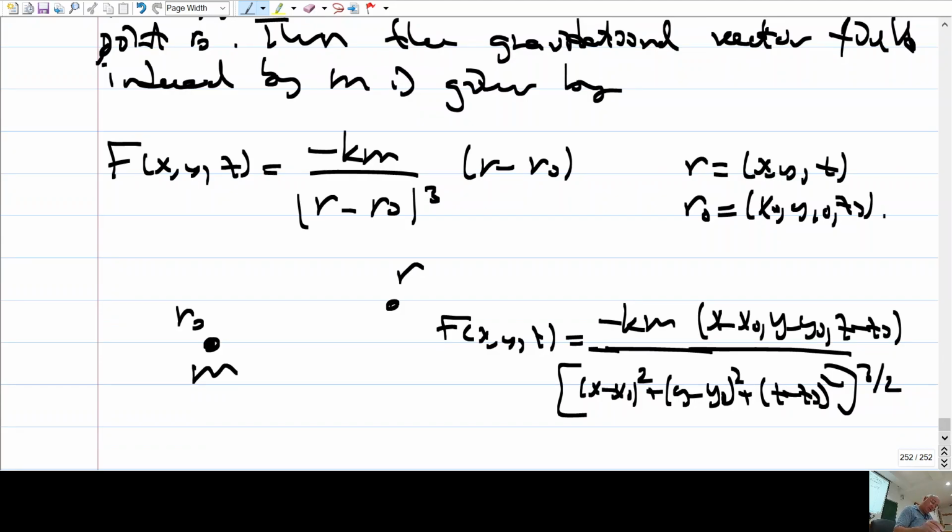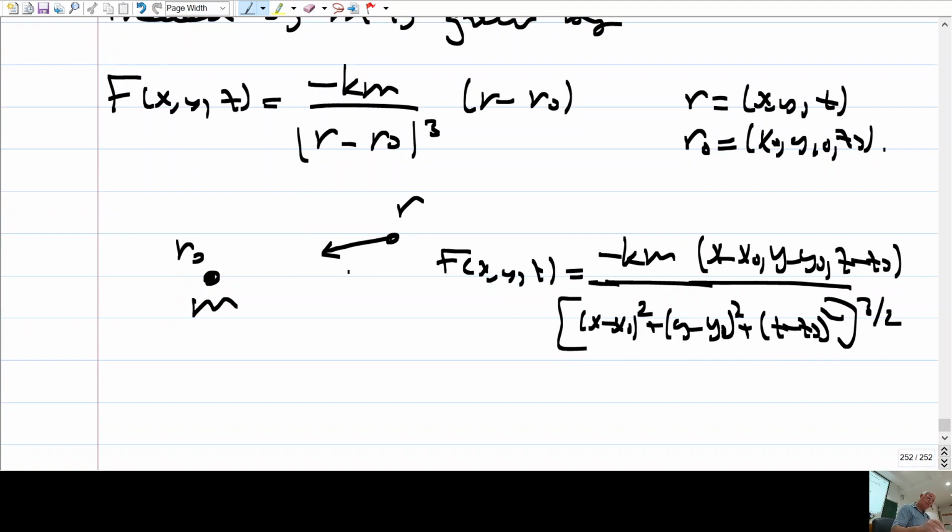So this is a force in the opposite direction to the vector r minus r0, and it gets bigger and bigger as you approach the mass, right? If you are away from the mass, it's small, but if you get closer and closer to the mass, it gets bigger.